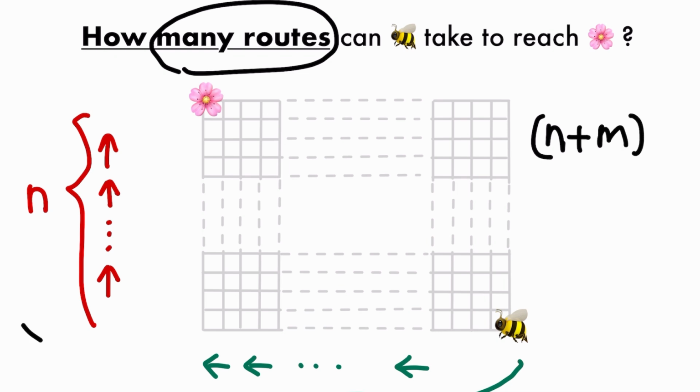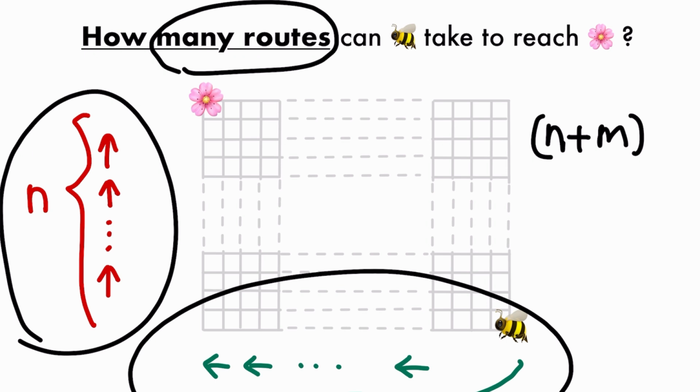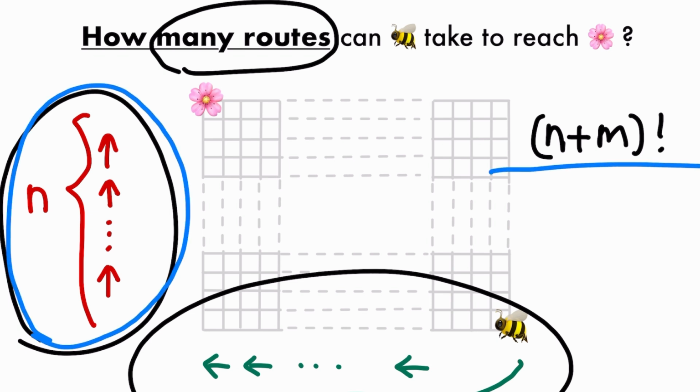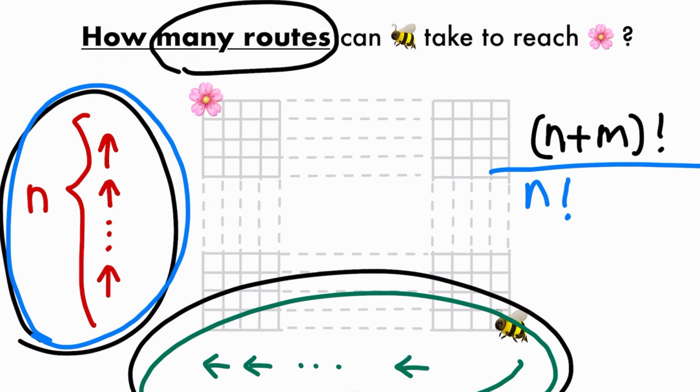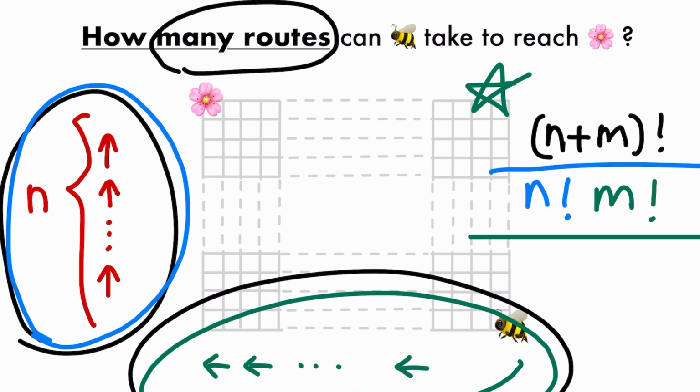If all these steps are distinct, there will be n plus n factorial cases. However, as these n up arrows are the same, we'll divide by n factorial, and as these left arrows are the same, we'll further divide by n factorial. So this is the generalized case for the number of routes the bee can take to reach the flower.